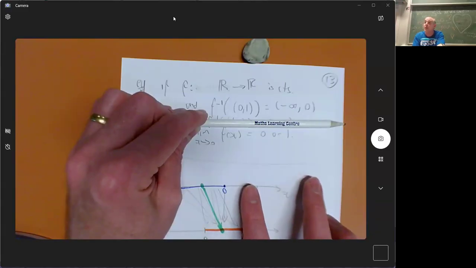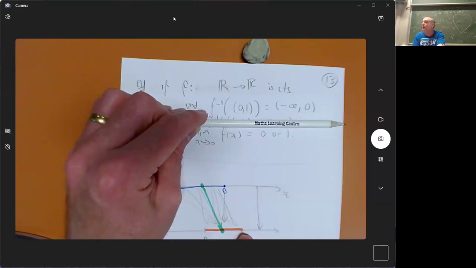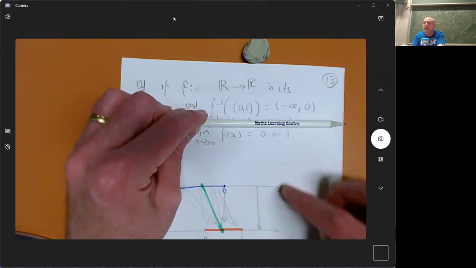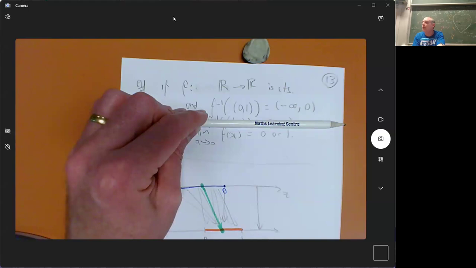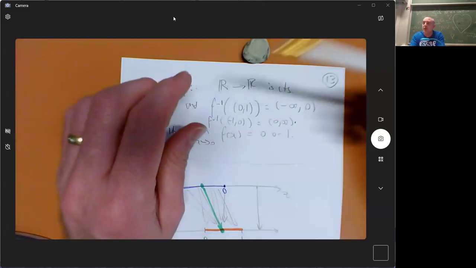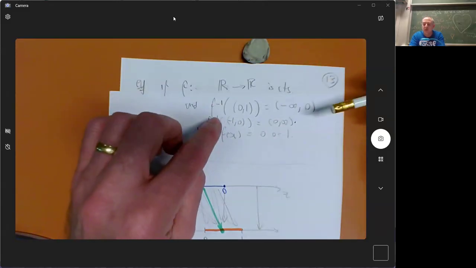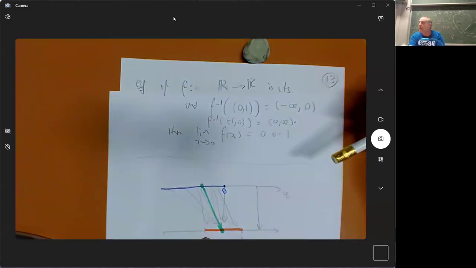So it must produce some answers that aren't between 0 and 1. If it is defined here, it must produce some things that aren't in this zone. And so basically what that means is that for positive numbers, it produces things that are outside this. And that, I think, is the key.